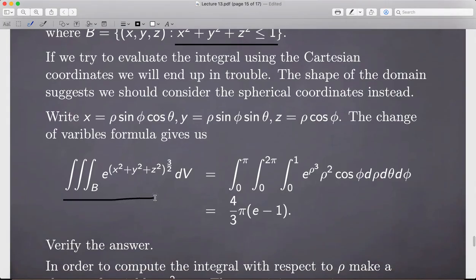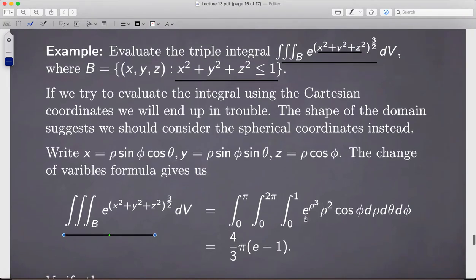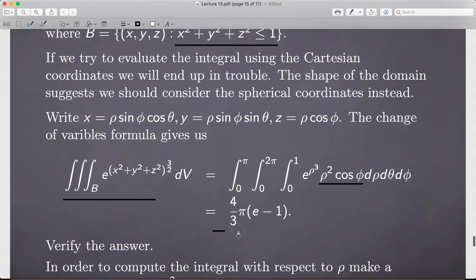So this ball will transform into a box, because the rho, the theta and the phi are going to vary between two numbers, and then this function also simplifies, because this becomes e to the power rho cube, and the Jacobian is going to give you this extra term. So there is a power 3 here and there is a square here, so you can do a small change of variable again for the rho integral, and you get this answer.